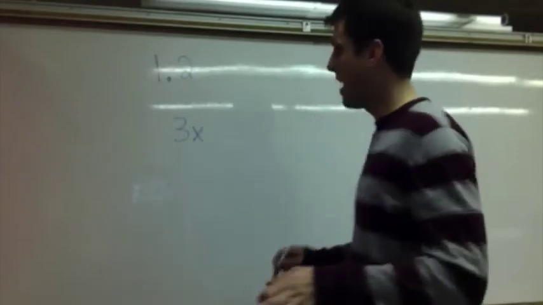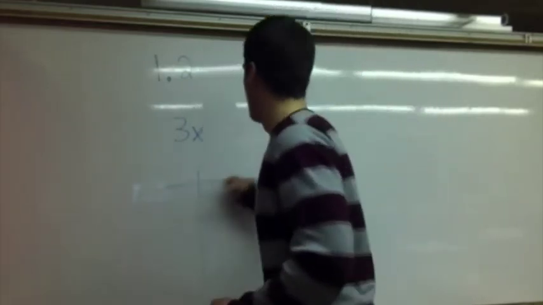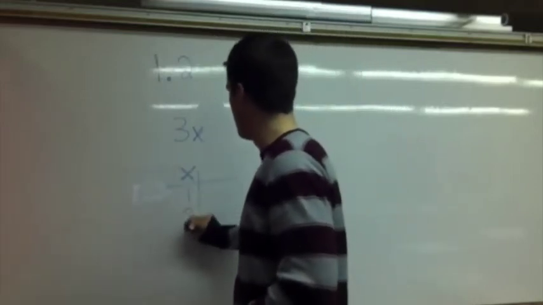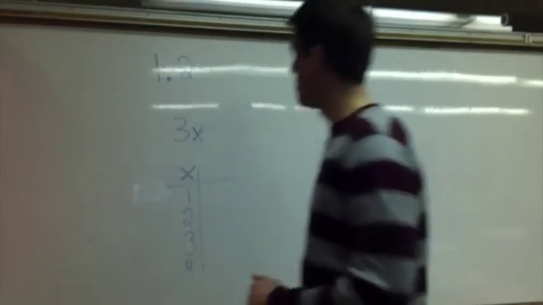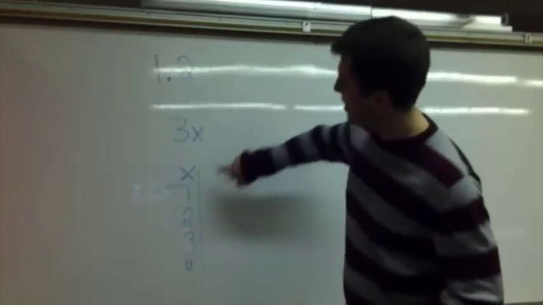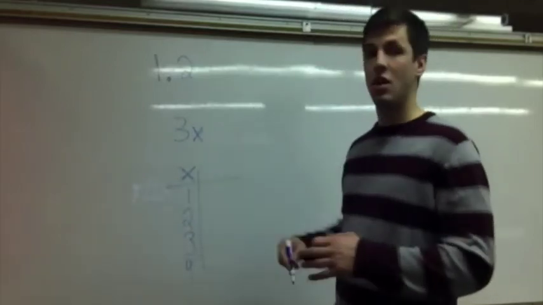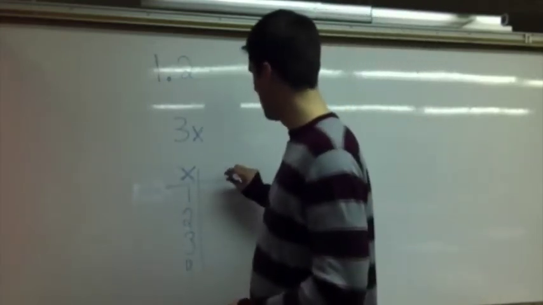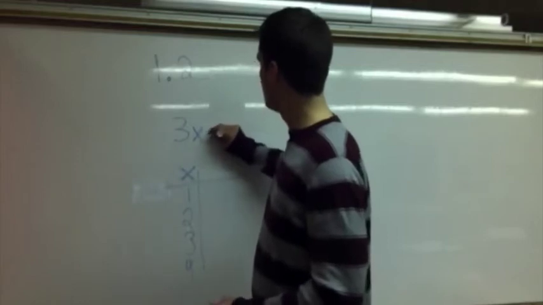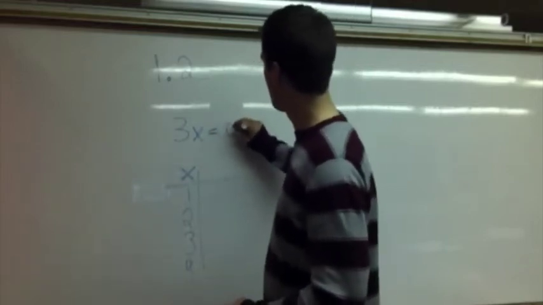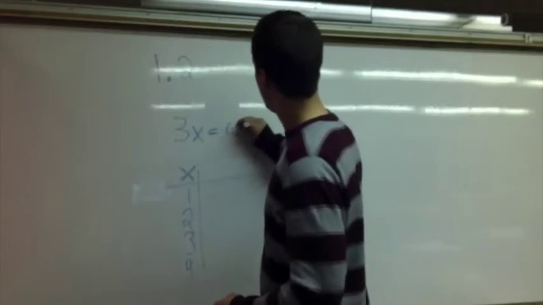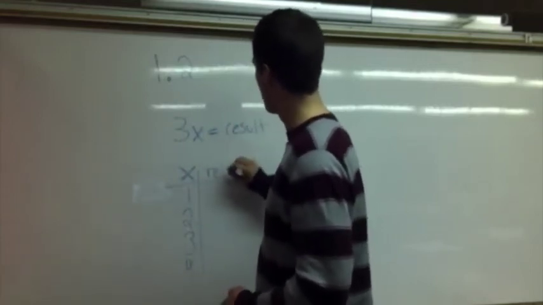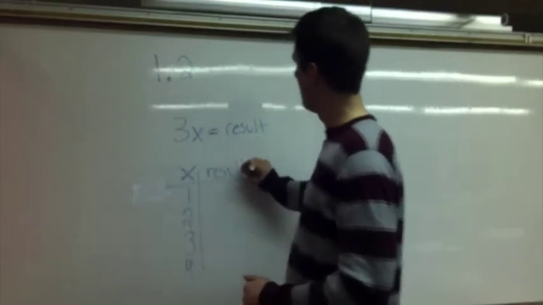And suppose that I give you a table where I say x is the numbers 1, 2, 3, and 4. Your goal is to figure out when you plug in a number for x, what results. And so we're going to write the result in this column.